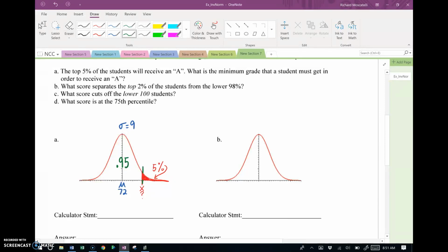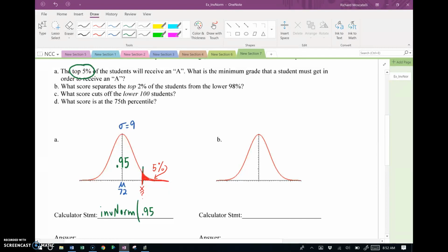Now, the CDF stands for cumulative distribution function, and the C means cumulative, which means from the beginning. So these functions in the calculator are cumulative functions and therefore require areas on the left. All right, so the calculator statement, inv norm, and the syntax, if you have the old calculator, is area on the left, which is 0.95, which is weird because the question talks about the top 5%.